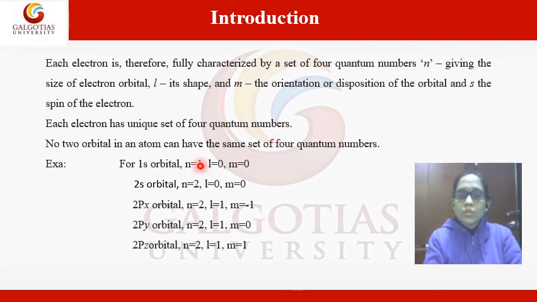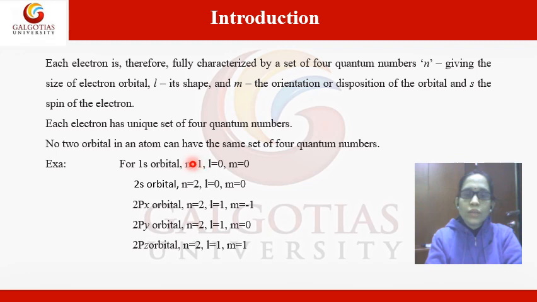Similarly, no two electrons in an atom can have the same set of four quantum numbers. Just see the example, for the 1s orbital. Here n is equal to 1 because this is the 1s orbital, and for s, you know l is equal to 0.